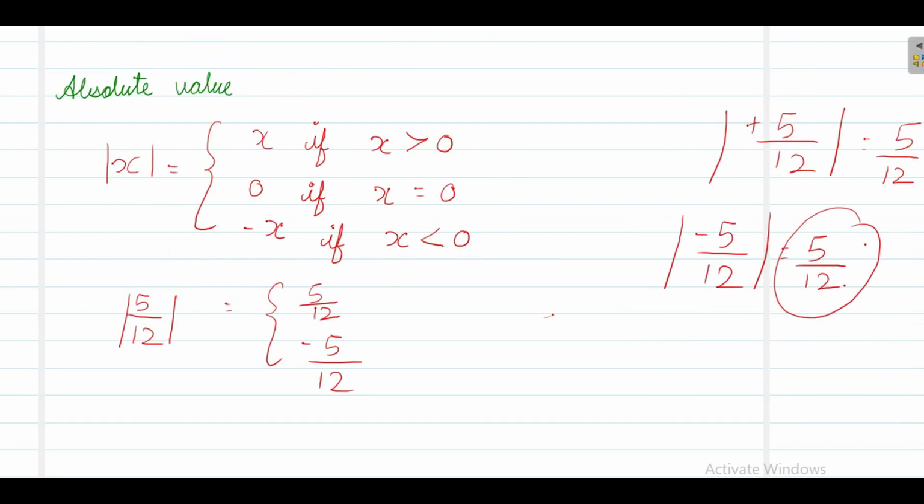Okay, so now the next concept is representing rational numbers on a number line. So this is the last concept for this video. So let us just quickly go through how to represent a rational number on a number line.